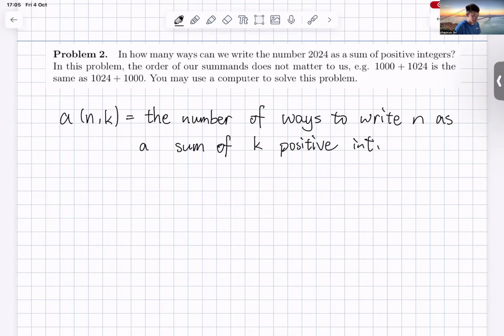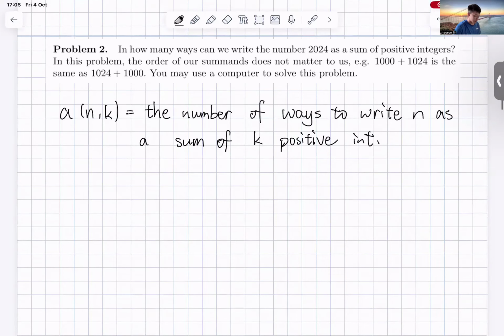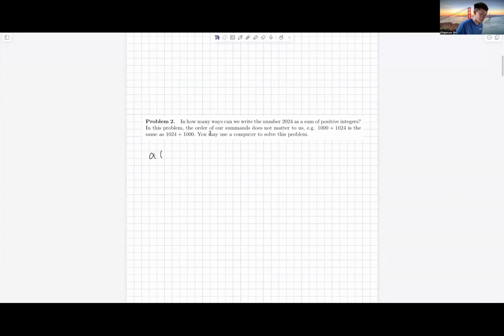So you can see for the answer of this question, A(2024, 1) is just 1, since we are asking in how many ways can we write the number 2024 using only one number. So that one number is 2024. So the answer is 1.